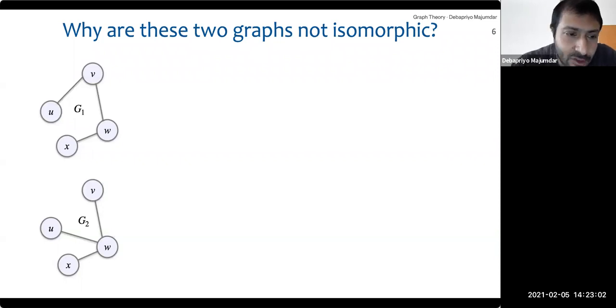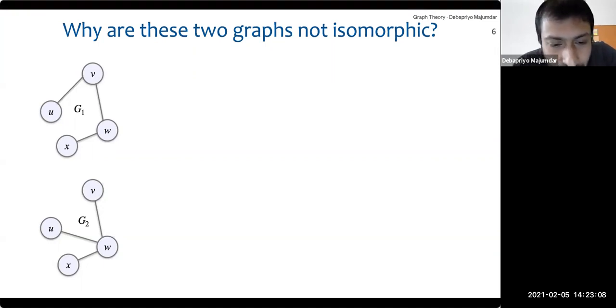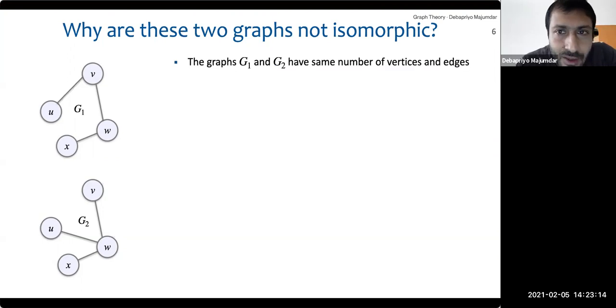It looks visually that they are not isomorphic, but we also saw that two graphs may be very different looking and yet actually be isomorphic. So let's see why these two graphs are not isomorphic. These two graphs have the same number of vertices and the same number of edges. Both have 4 vertices, 3 edges, right? So those two invariants are satisfied, but still we are saying they are not isomorphic.